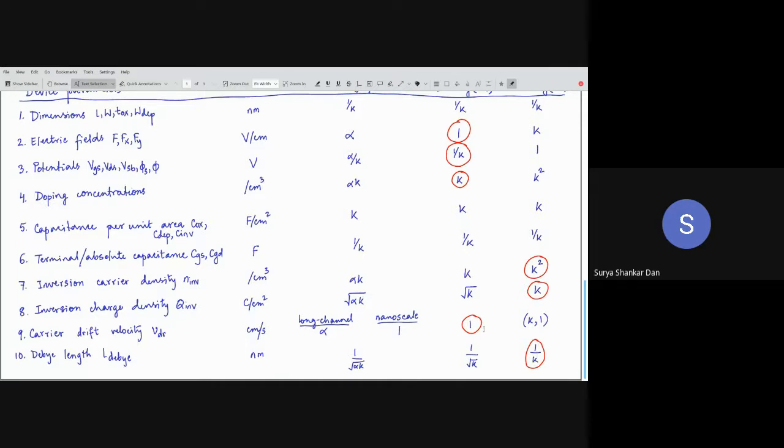That means you can essentially get even smaller devices in constant voltage scaling. So it's easier. However, in today's lecture, we are going to look into the circuit aspects, and that is where it will be a game changer altogether.